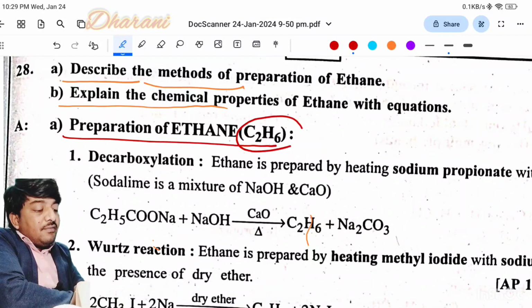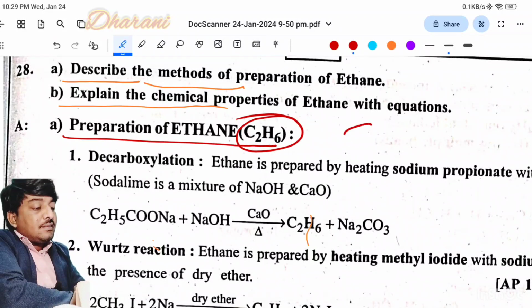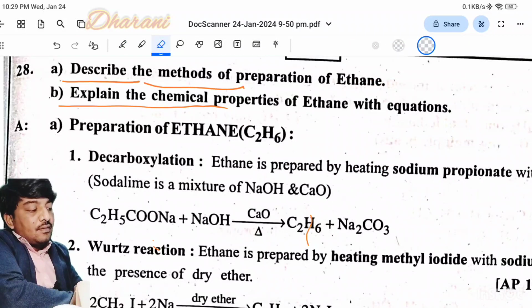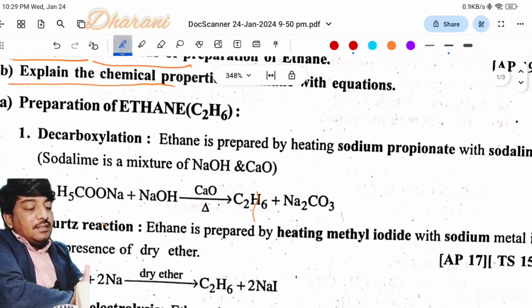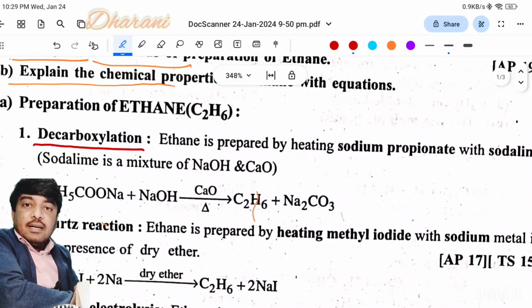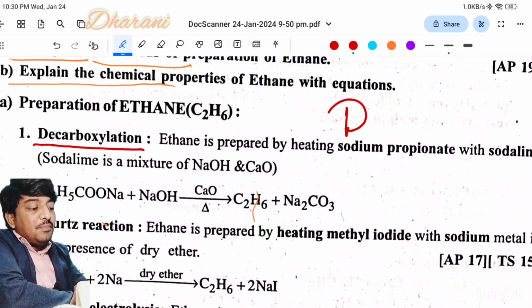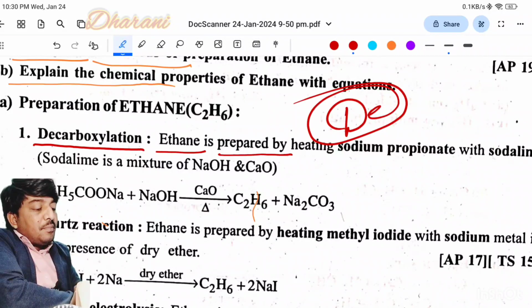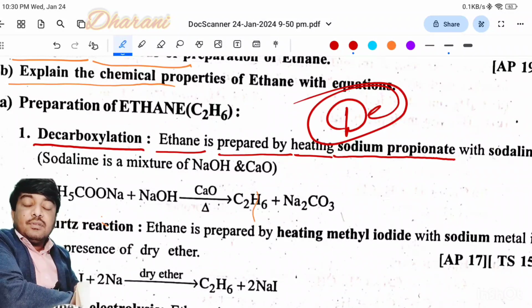Preparation of ethane. Ethane formula C2H6. The first method is decarboxylation. De means removing. Ethane is prepared by heating sodium propionate.